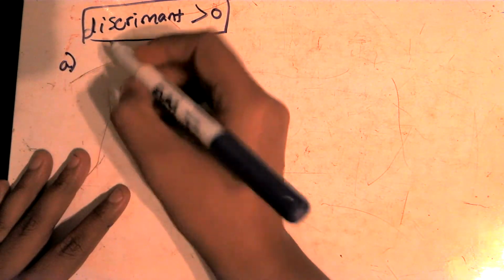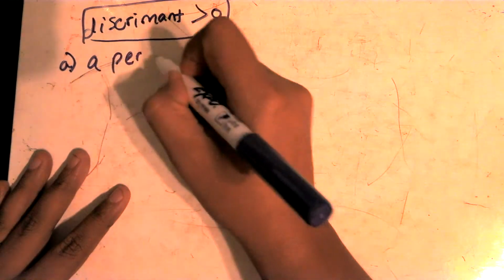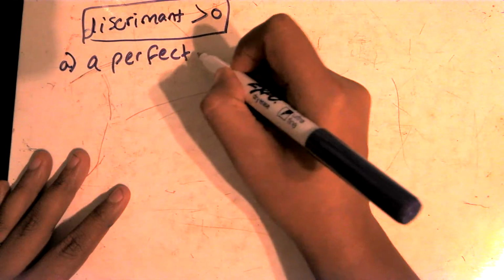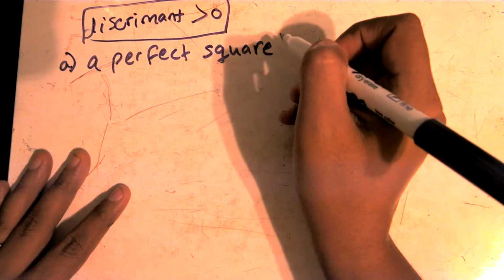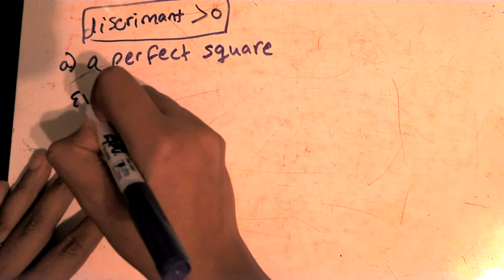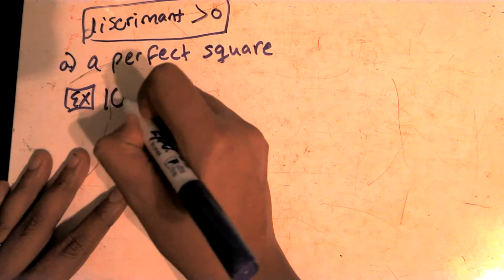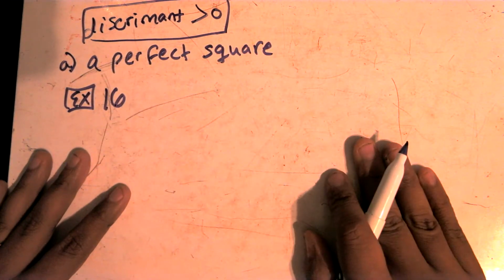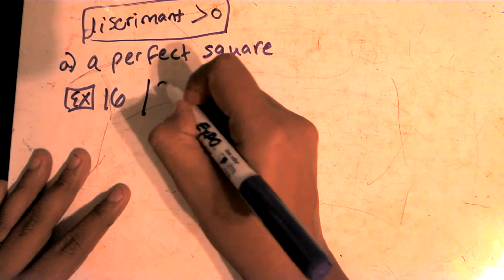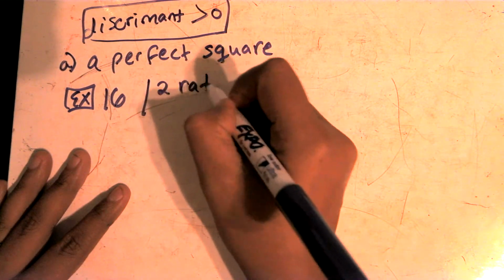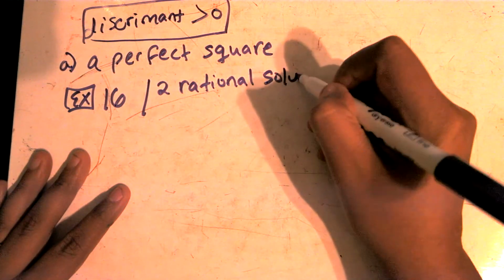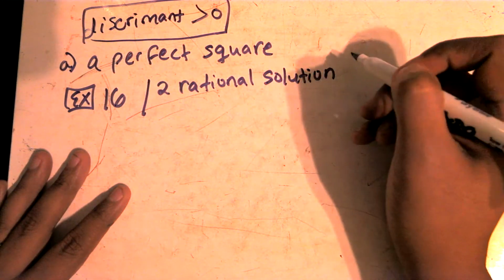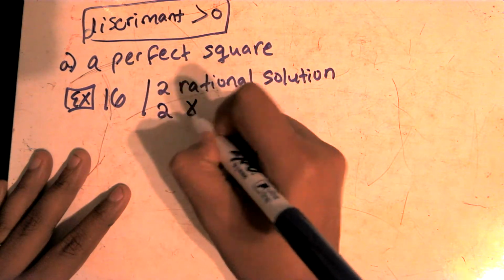Option A is the discriminant is a perfect square, like 4, 9, 25, 16. If it's a perfect square, for example you get 16 when you solve for b squared minus 4ac, and you have two rational solutions. And rational and irrational are real, not imaginary. And two x-intercepts.